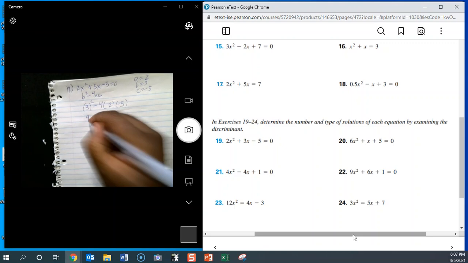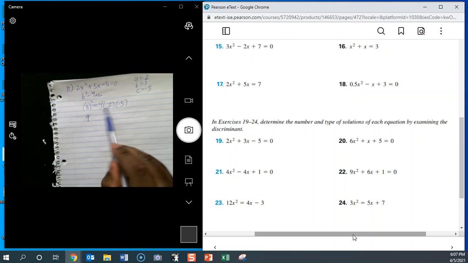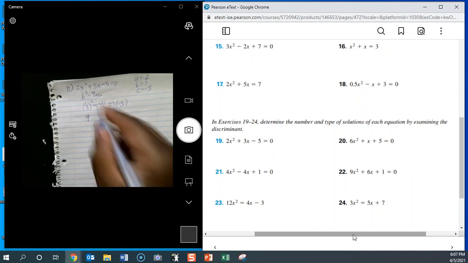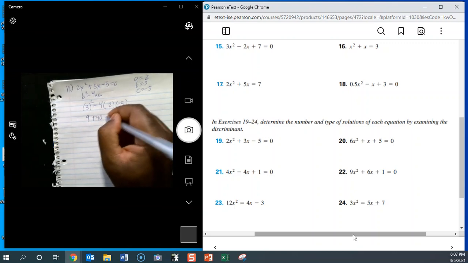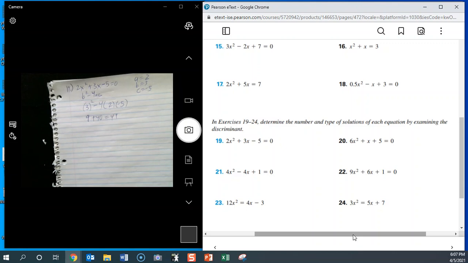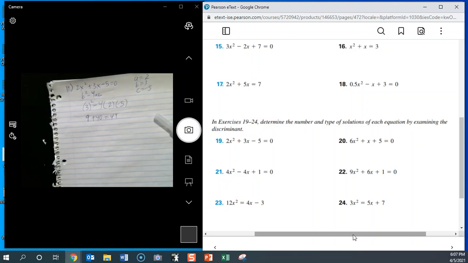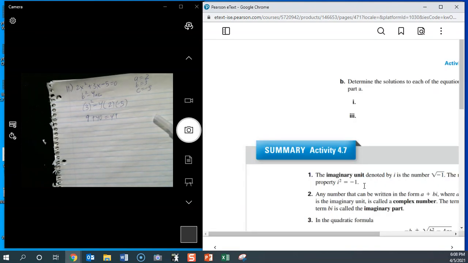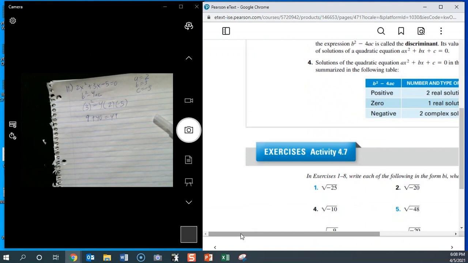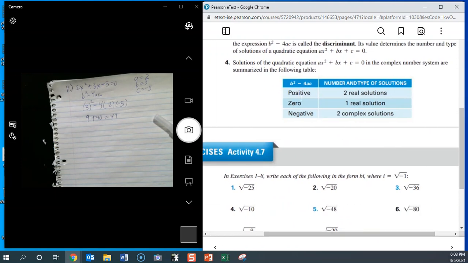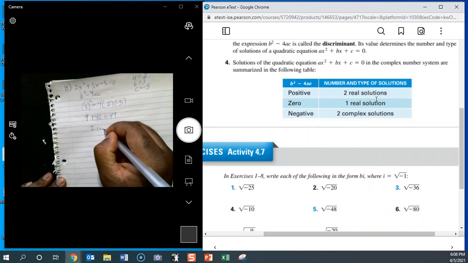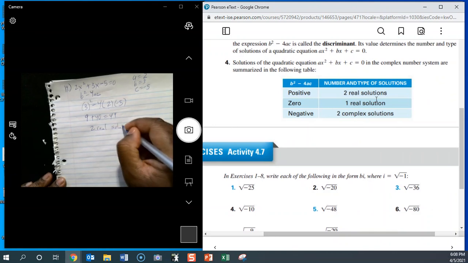So 3 squared is 9. Negative 4 times 2 is negative 8, times negative 5 is a positive 40. So this equals 49. So your answer here, because it's positive, let's go back. I think it was on page 447. When we looked here at our discriminant values, if it's positive, it has 2 real solutions. So that means it has 2 real solutions.